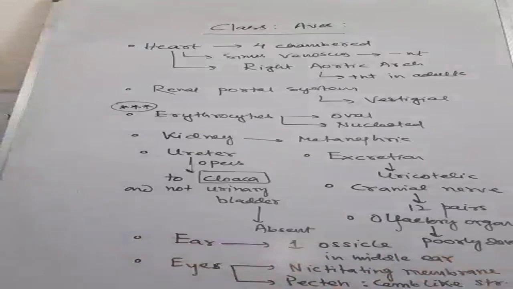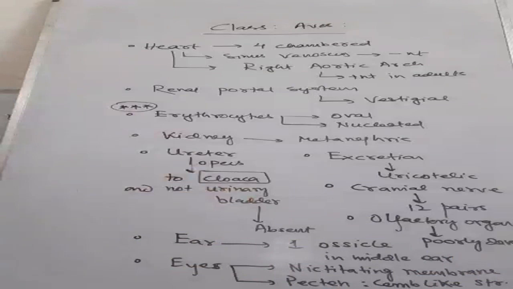Now we are going to go for the concluding points of aves. Sex, whether there is sexual dimorphism. What do you mean by sexual dimorphism? Dimorphism means two forms, whether the sexes are separate or not. We see sexual dimorphism in parrot and peacock precisely.